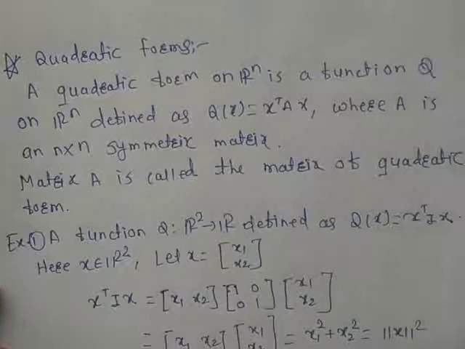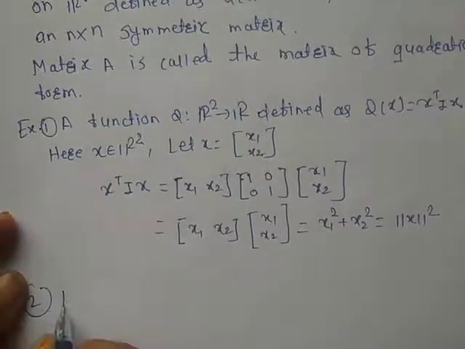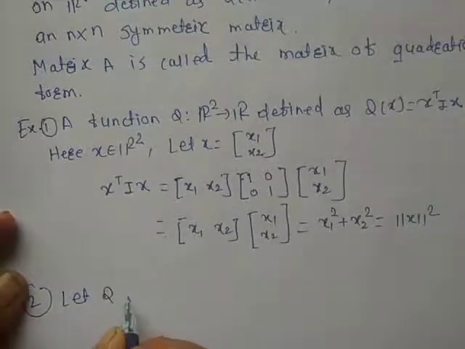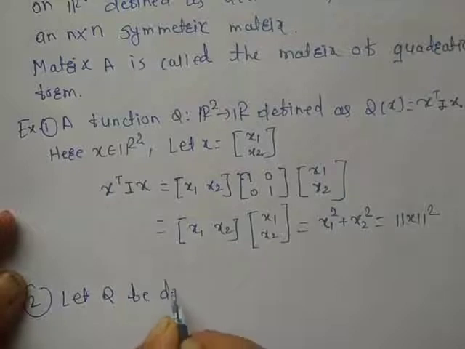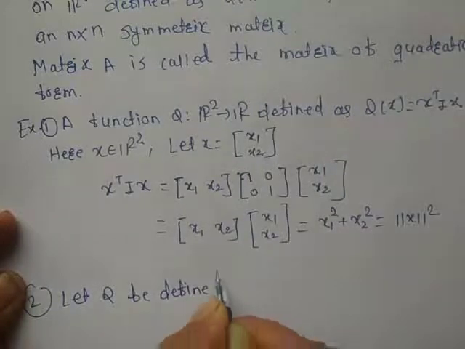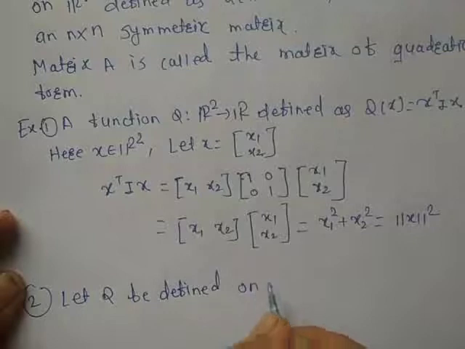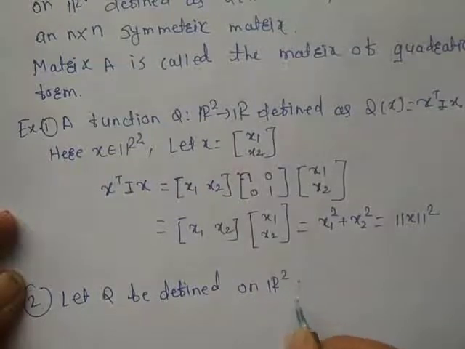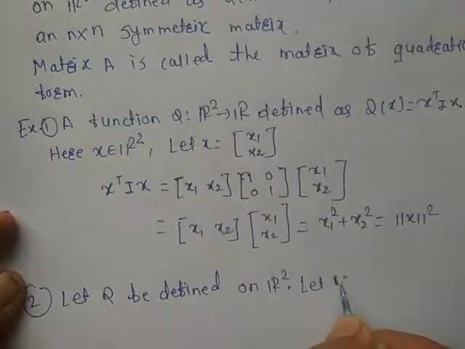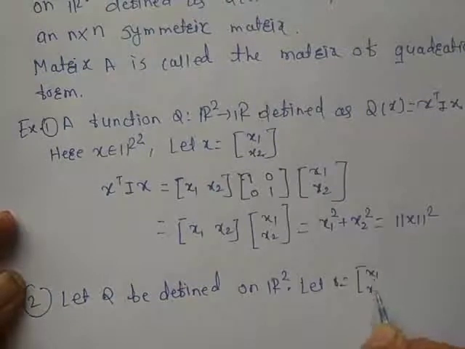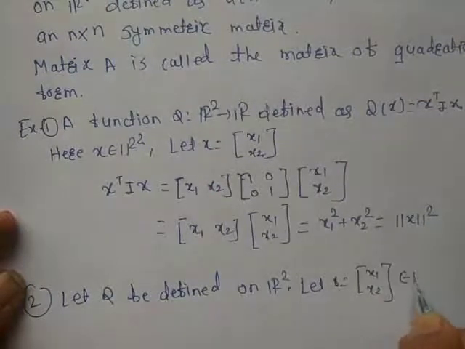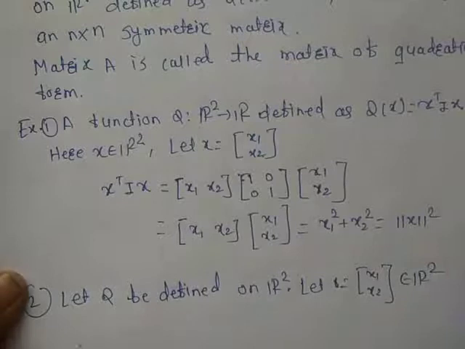Example number 2. Let Q be defined on R2. Let x equal the vector x1, x2, which belongs to R2.